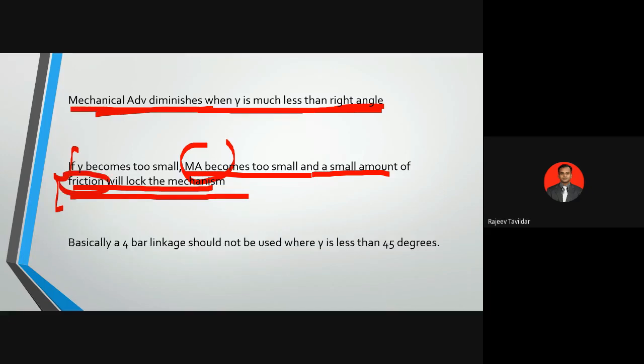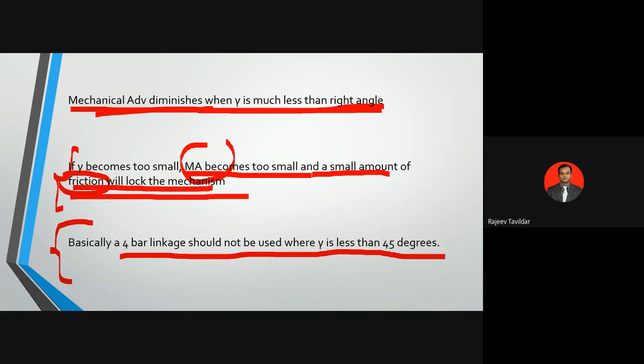Hence, based on experimentation, it is found that a 4-bar linkage should never be used wherever gamma is less than 45 degrees. So I guess now you are understanding that we are finding out the first important point of mechanism design. You are supposed to design a machine, you know the constraints, size and everything, you know what is the size available for you to place the mechanism over there.